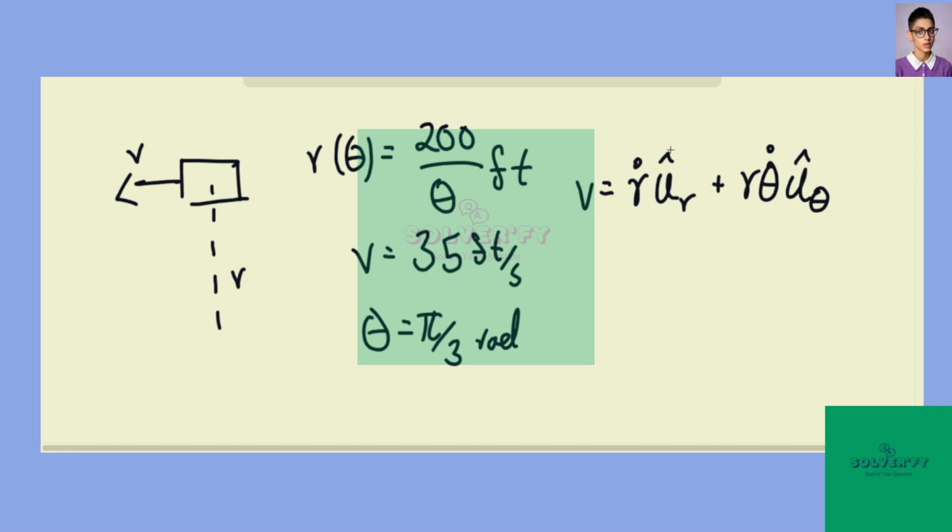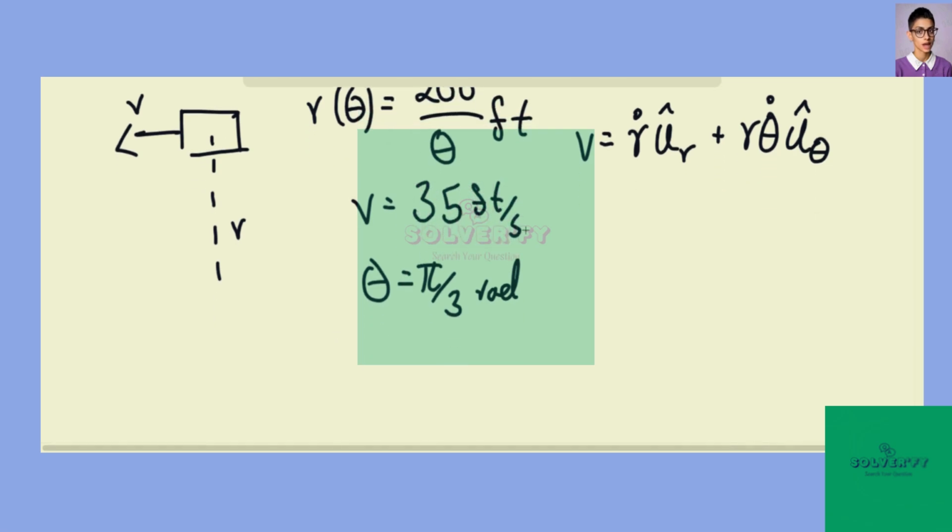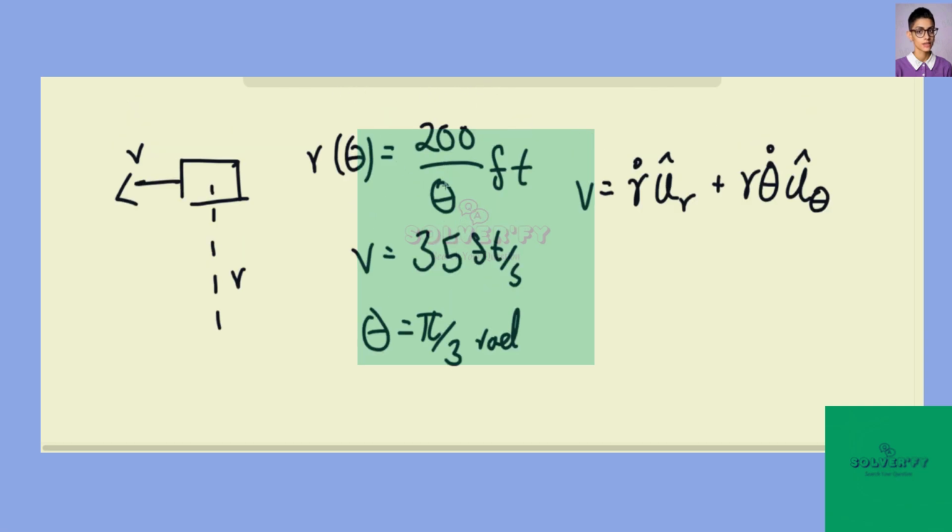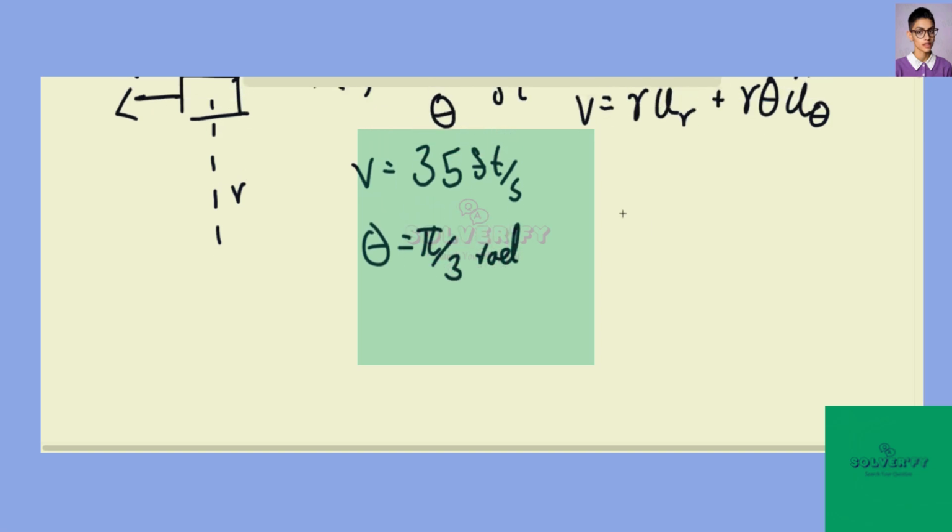This is the radial component of the velocity, so it's just dr dt, and the transverse component is r times d theta dt. If you look at this, we know what v is since it's a constant. We know what r of theta is, but we don't know d theta dt and we don't know dr dt.